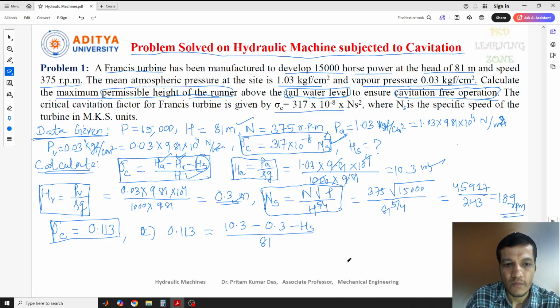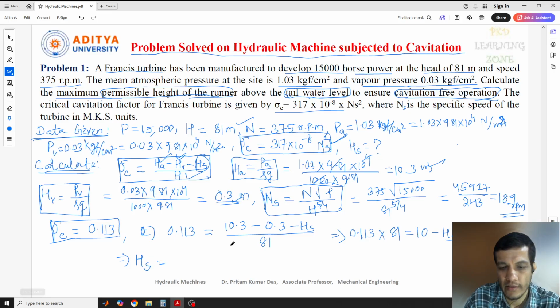So I need to find out this value. 0.113 into 81 equals 10 minus HS. Now I'll keep HS on one side, and this value 10 minus 0.113 into 81. So I can find out the value of HS here.